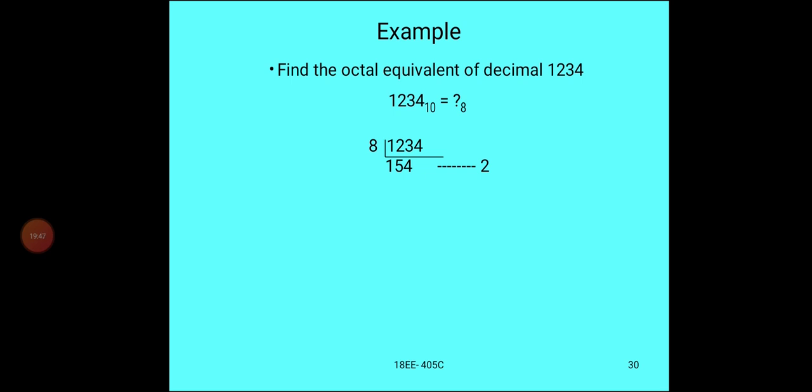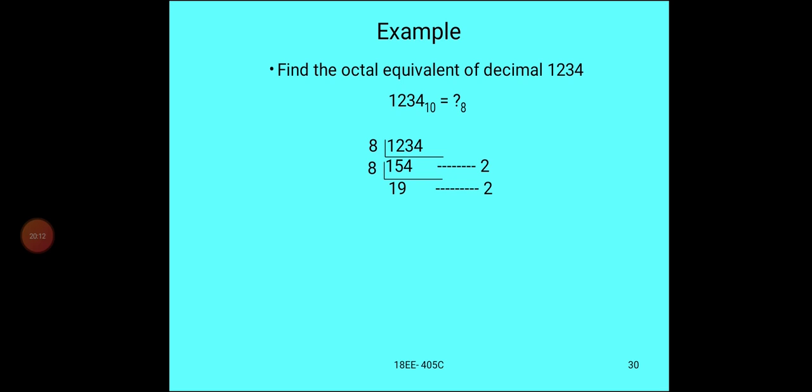Find the octal number of decimal 1234 of base 10. 1234 is divided by 8. The quotient is 154. Remainder is 2. 154 again divided by 8.